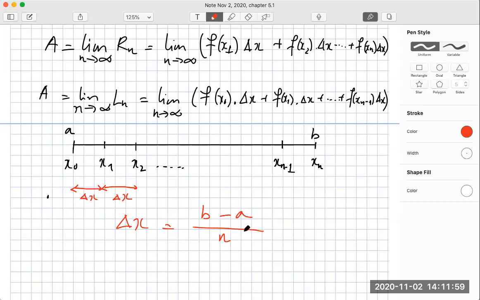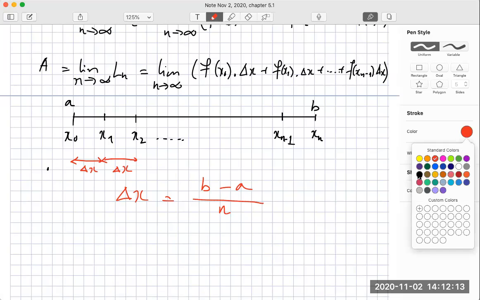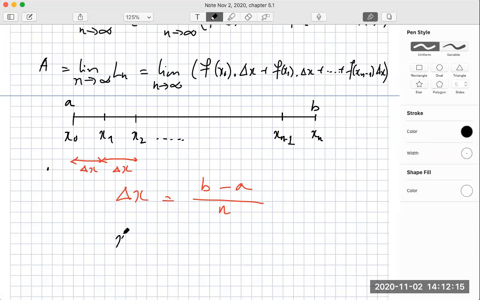Okay. From this relation, because delta x is a constant, right? Therefore, we can write x1 is x0 plus delta x, and x0 is A, right?